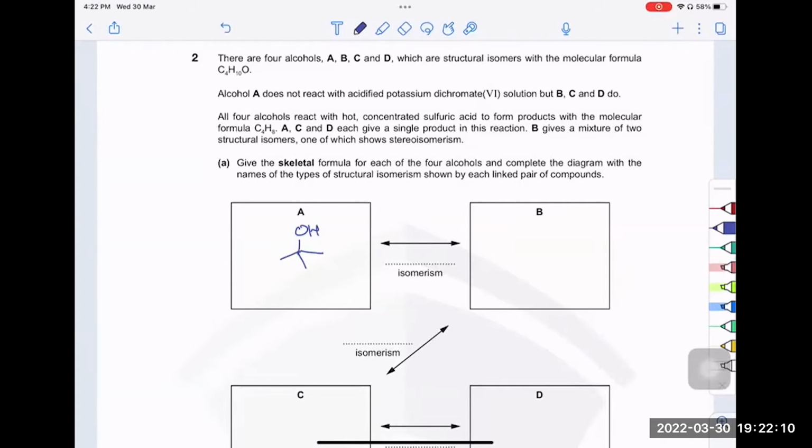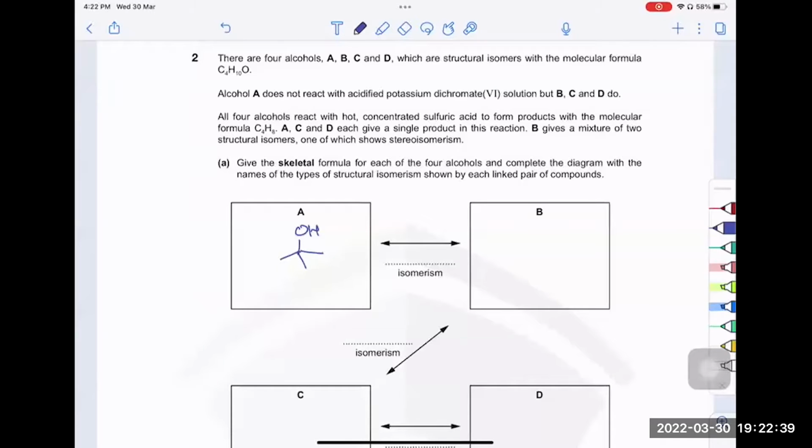So A, because there's only one place where OH can be removed, and all the other places for removal of hydrogen are identical, so you don't get any other product. C and D each give a single product, which also means that C and D must also have a similar situation, where there's either just one spot where you can remove hydrogen from, or 2 identical spots from where you can remove hydrogen from.